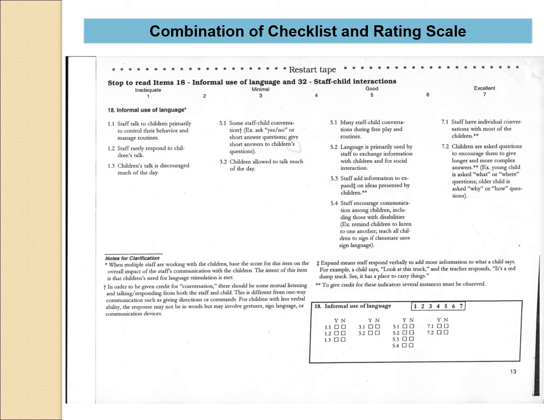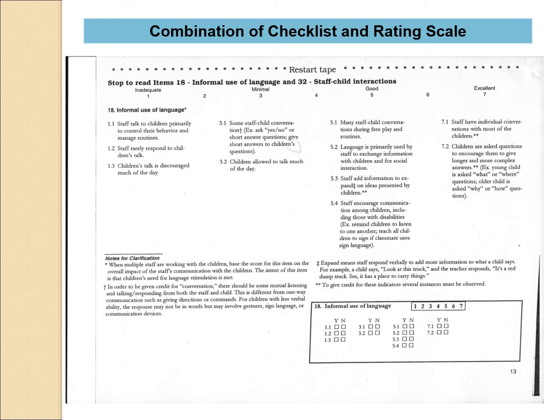Staff talk to children primarily, that's what it says, sorry about that, to control their behavior and to manage routines. 1.2, staff rarely respond to children's talk, and 1.3, children's talk is discouraged much of the day. And you can see that all of those items are worded negatively.